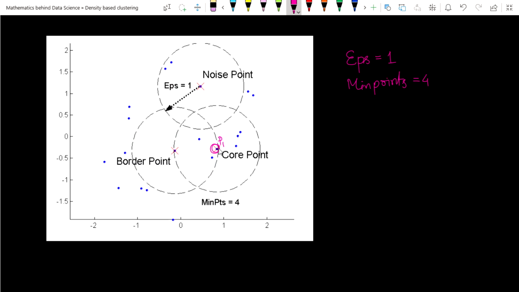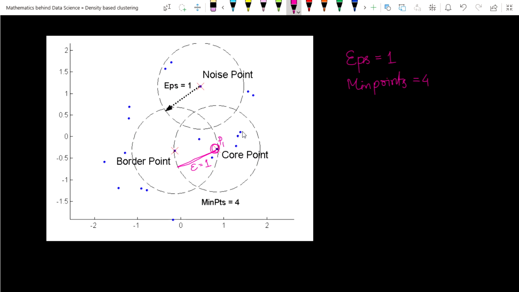So in the P1 point, what are the points around it? Just draw the epsilon, this is the epsilon 1. On the range of this epsilon radius, how many points do we have?